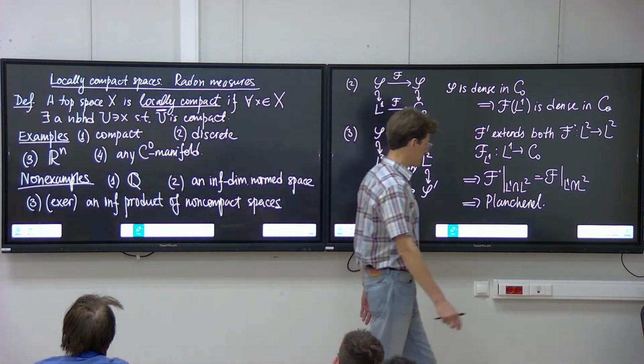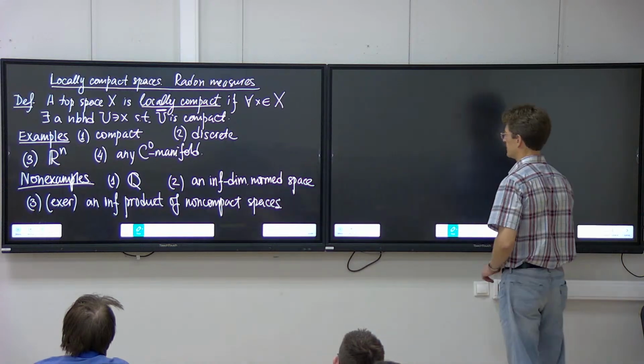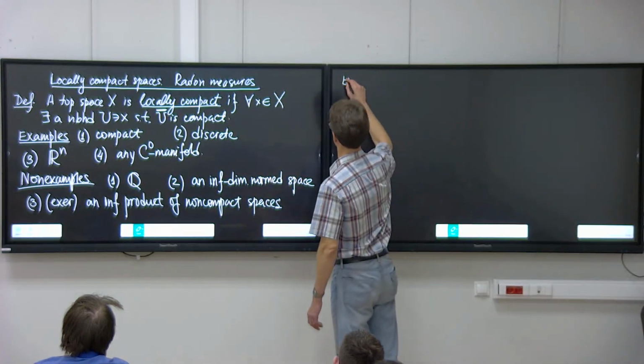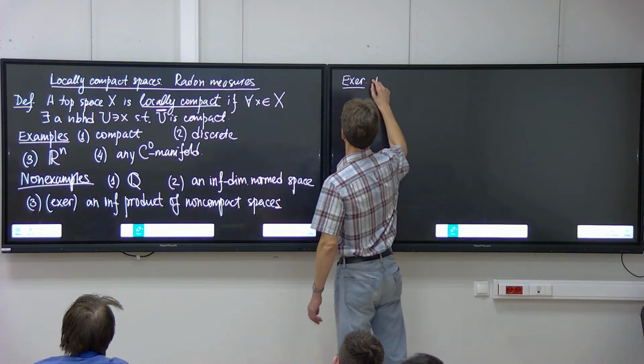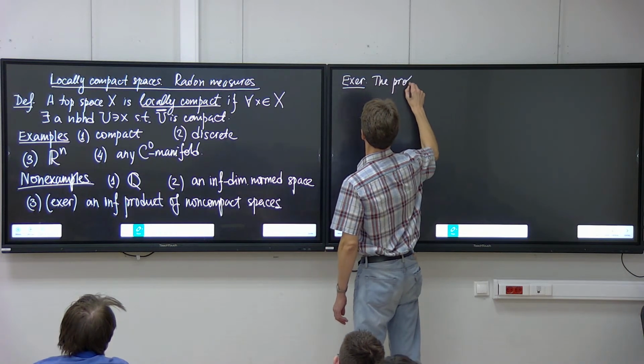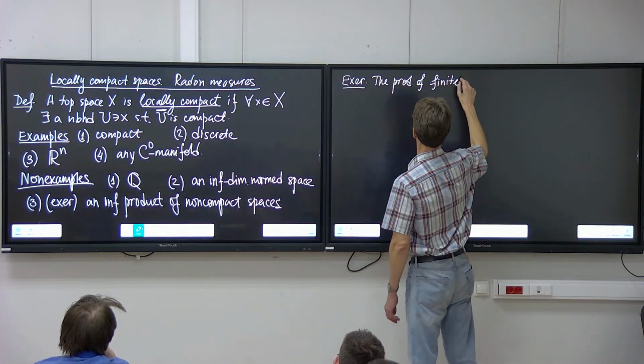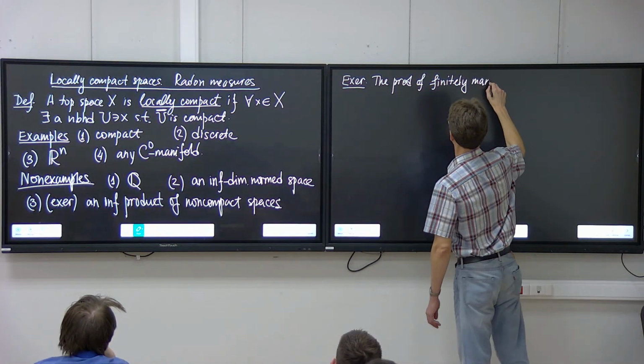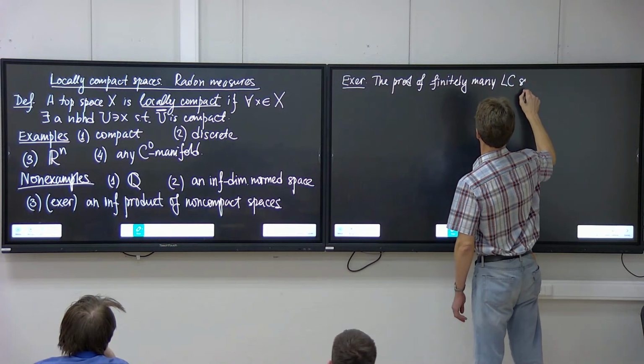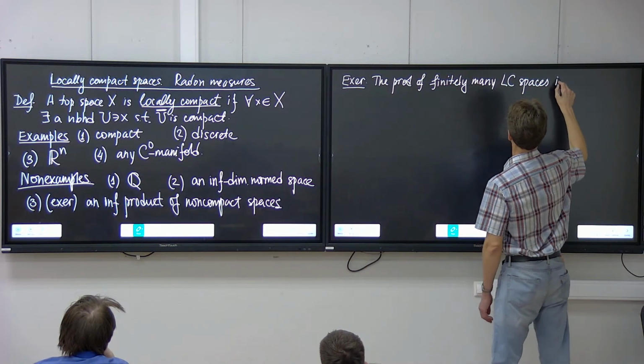By the way, if you take a finite product, then everything is okay. This is also a simple exercise. The product of finitely many locally compact spaces is locally compact.